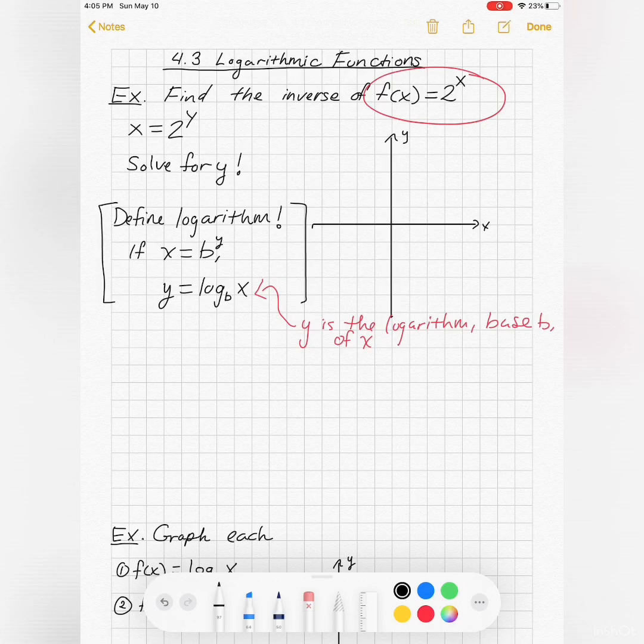Okay, so how do we finish solving this particular example? Then this one would be y is the logarithm base 2 of x. And so we found our inverse function.